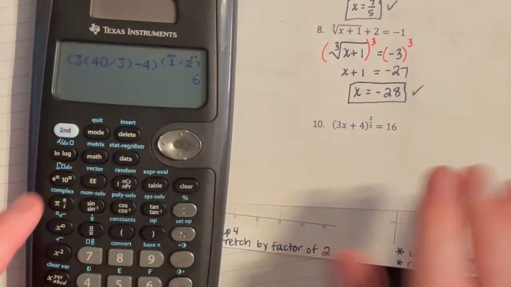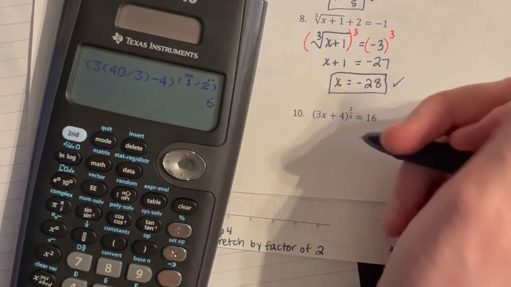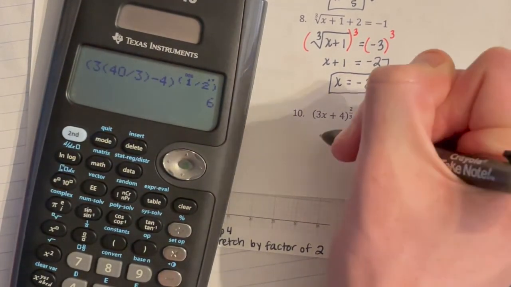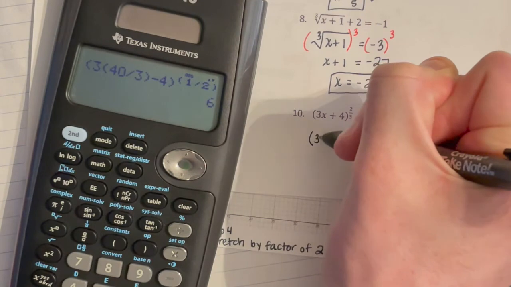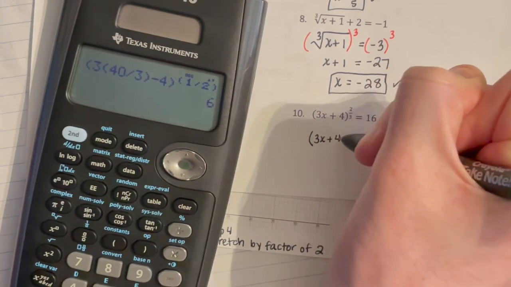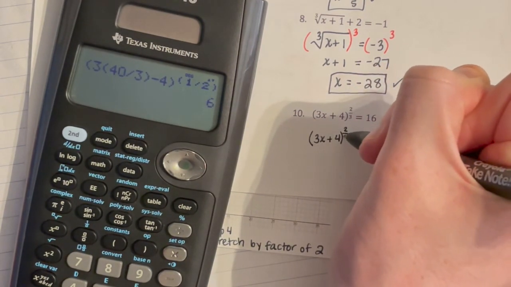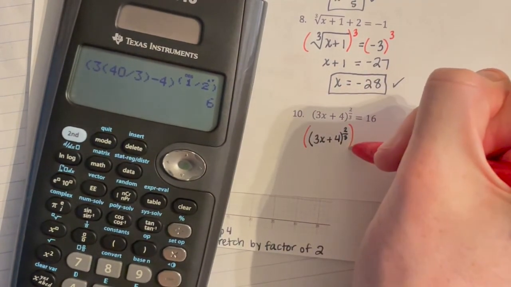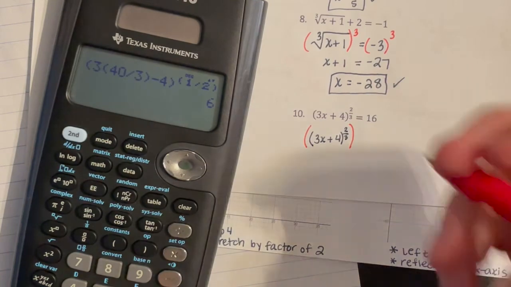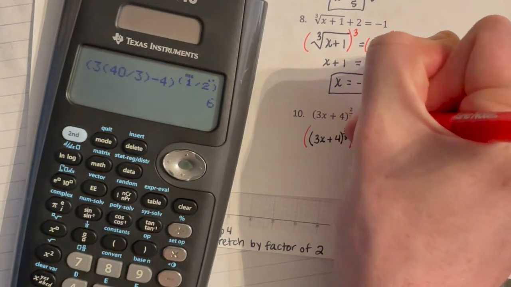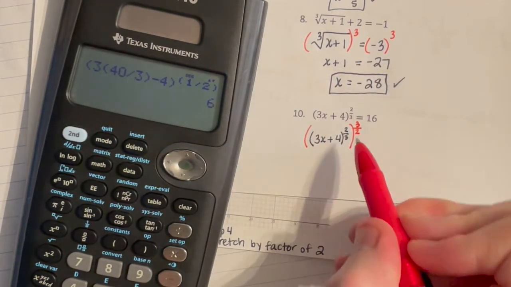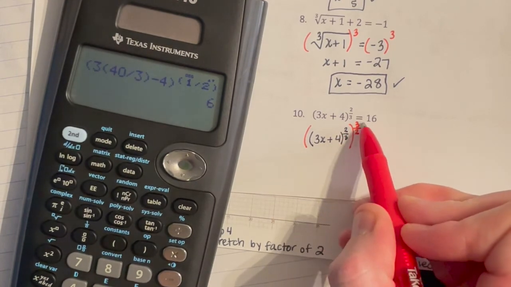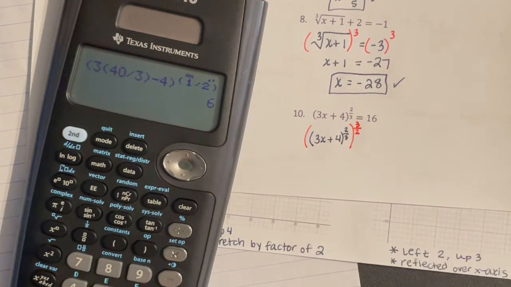Last one, 3x plus 4. This is raised to a 2/3, and if we're trying to get rid of 2/3, we want to do the reciprocal. So I'm going to raise this to the opposite of 2/3, which is 3/2. What is nice about that is that it's going to become 6/6, which is just 1.